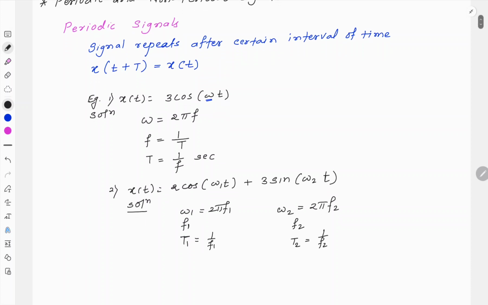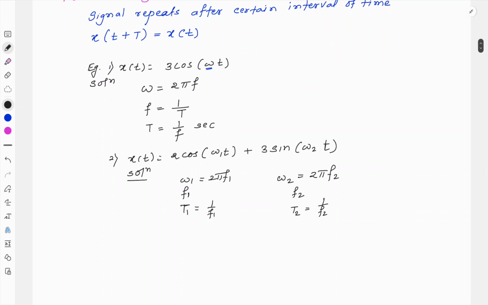Now this signal, the combination like cos plus sine, will be periodic if the ratio t1 by t2, and if we have more values, t2 by t3, t3 by t4 and so on, is a ratio of integers.